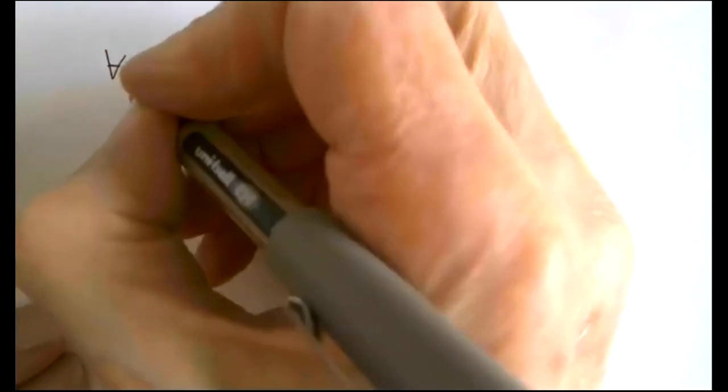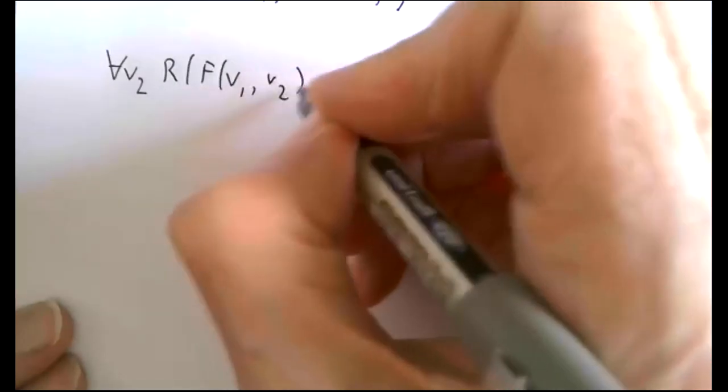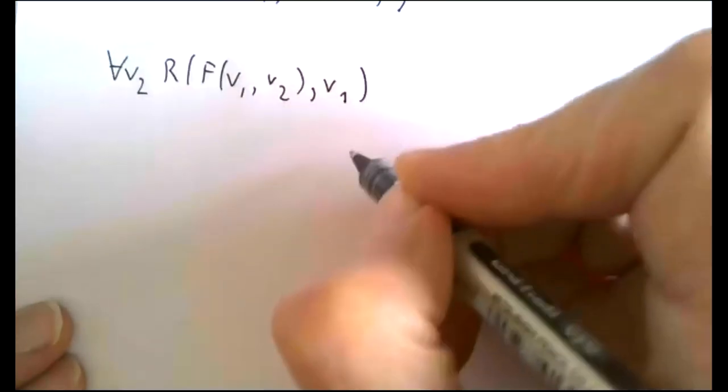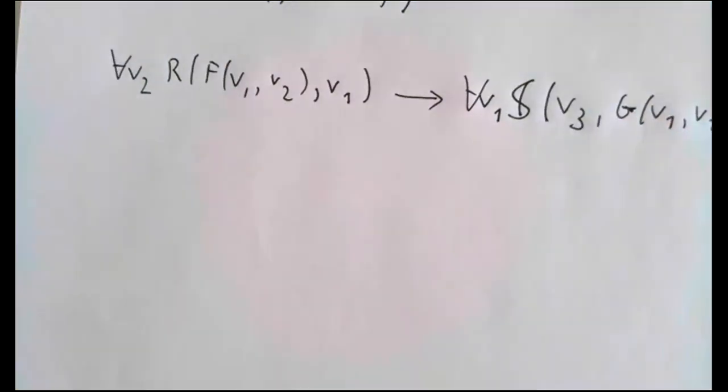So we have for all v2, relation function v1, v2, v1, and here we have for all v1, s on v3, g of v1, v2 here.